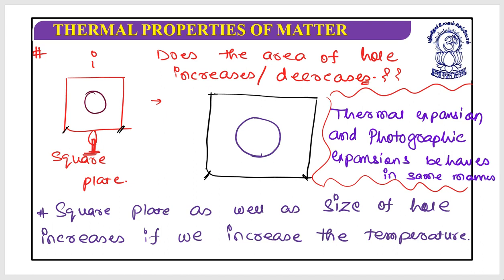Both will behave in the same manner. When I say photographic expansion, if you don't feel that this is the case, when I heat up the square plate, how should I come to know that this circular hole will increase?